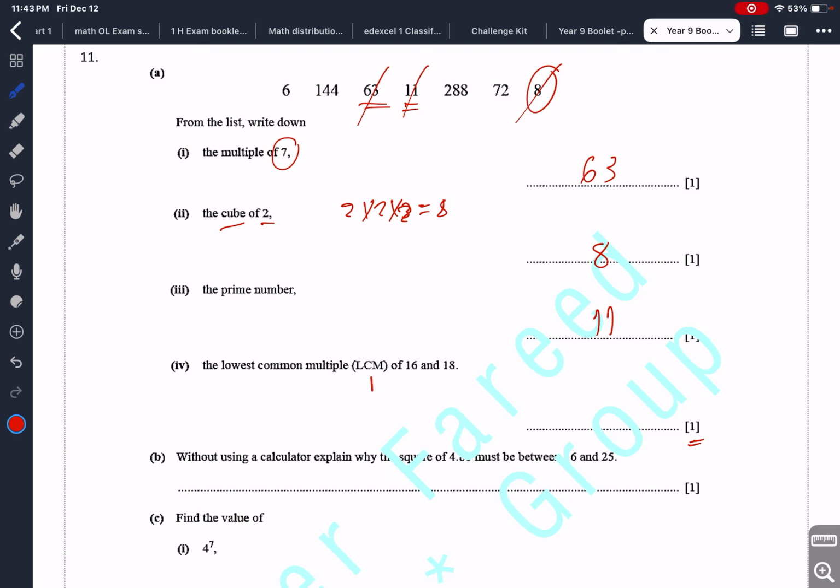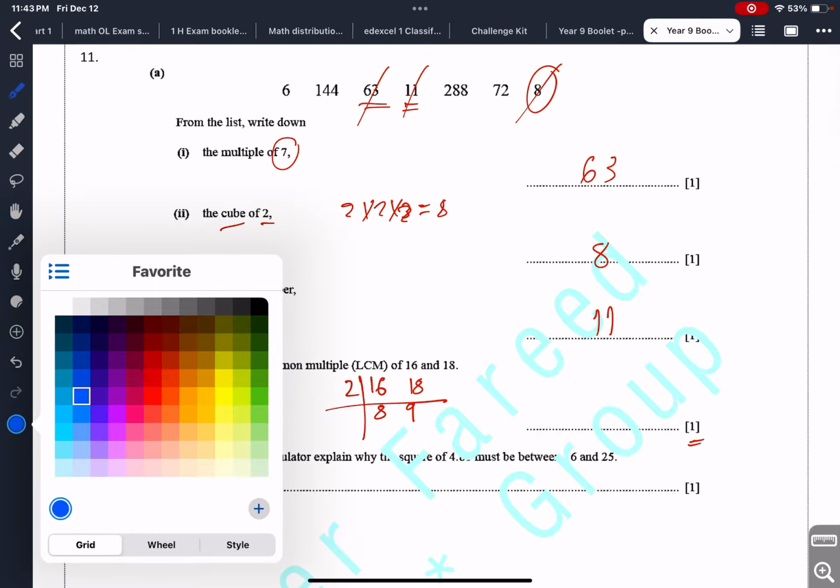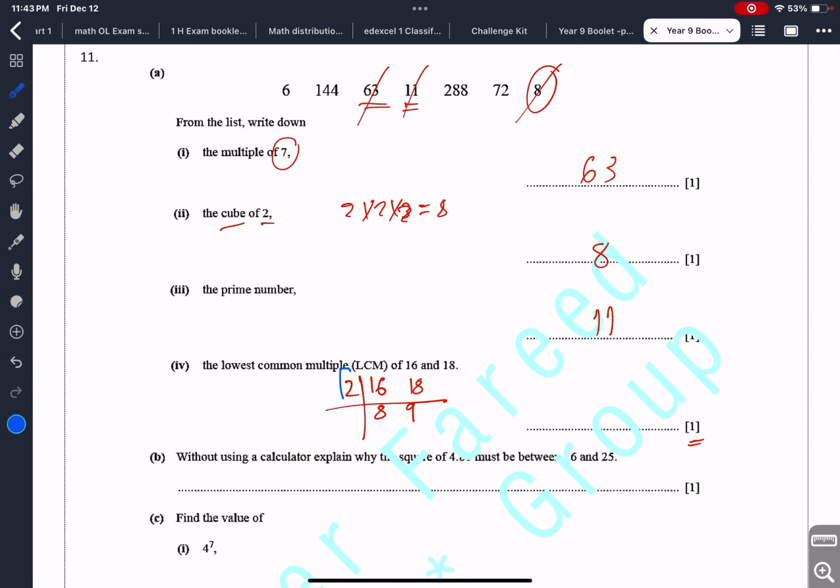So I'm going to use the double column factorization. It's easy and faster. I start by dividing by 2 because both numbers are even. So it will be 8 and 9, and they have no common factor, so I draw a line. For the LCM, we need the L shape.